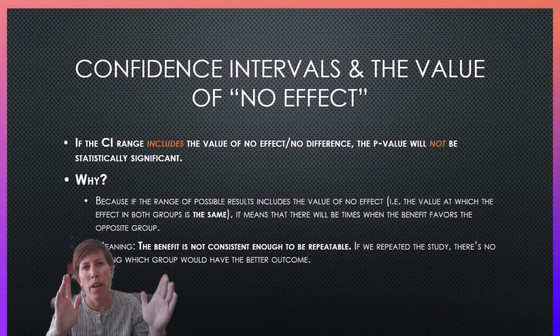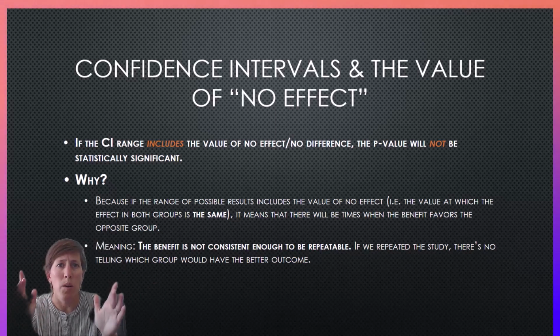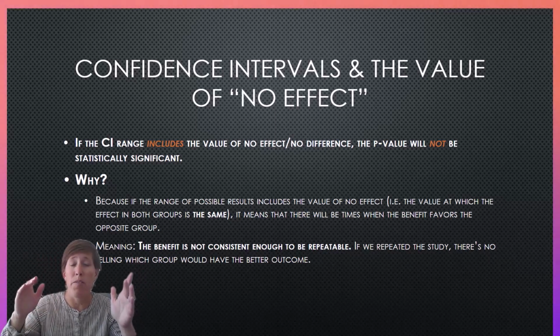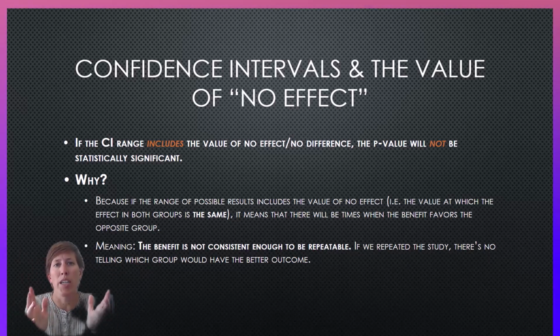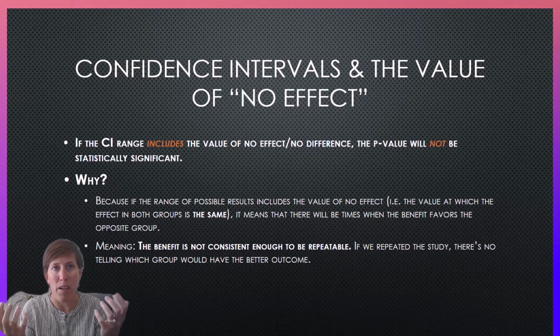When you are on the negative side of the value of no effect, then the benefit is actually favoring the opposite group. So if sometimes the benefit favors the intervention group, but sometimes it favors the control group, the benefit is not consistent enough to say that this is repeatable.